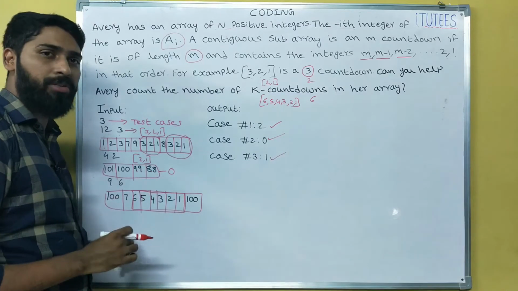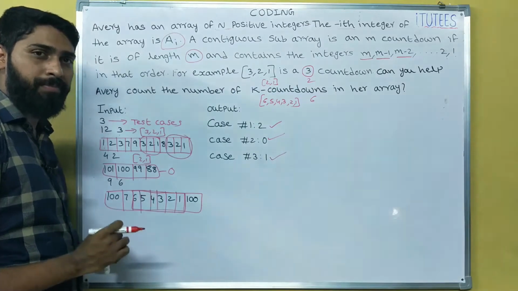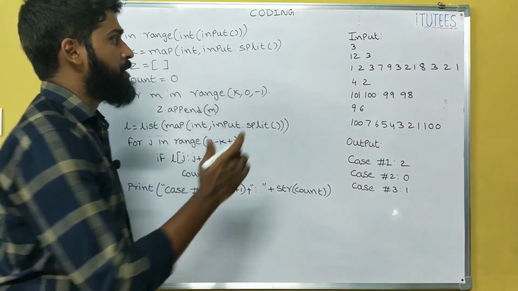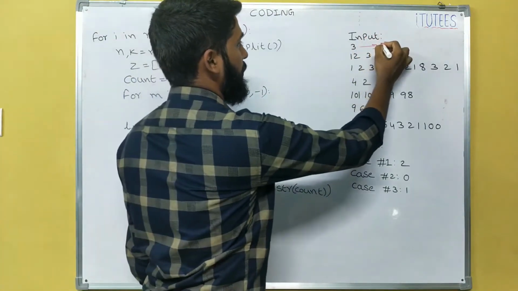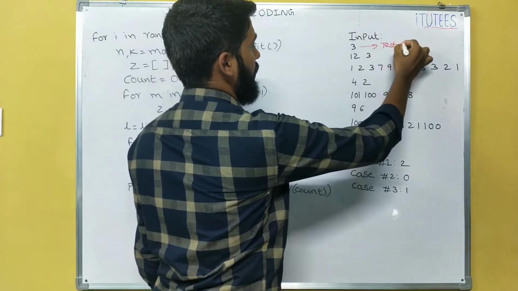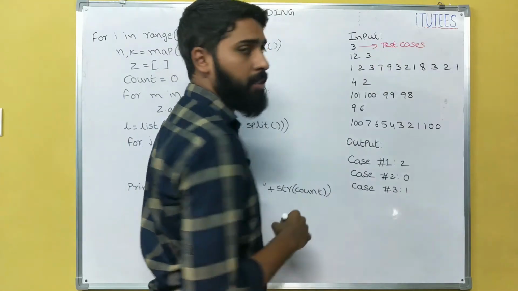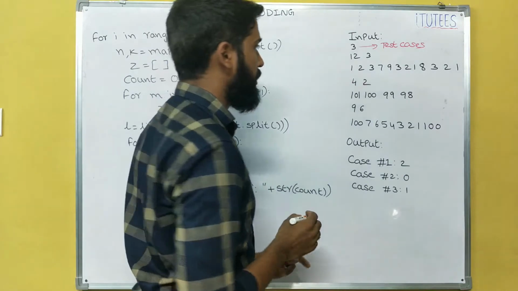Okay, now we are going to see how we can solve this problem. So now we see the program. This is the input 3, which means the number of test cases. Here 3 test cases.